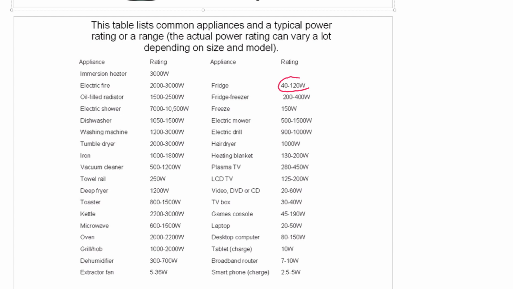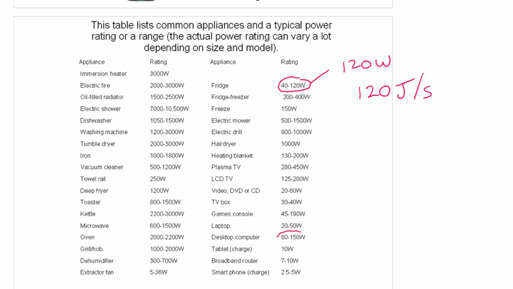Let's say it's up at the higher end, so it's 120 watts. Remember, what does that mean? Well, it transfers 120 joules of electrical energy into heat every single second.